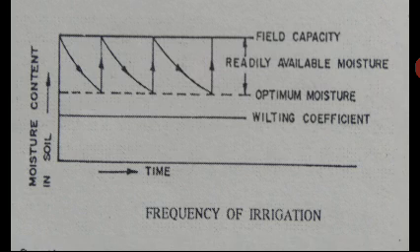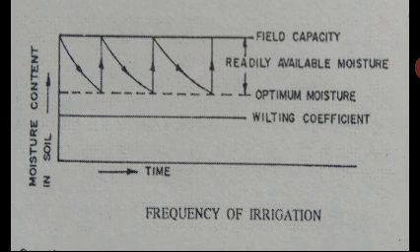When the water content in the soil reaches the optimum value, fresh doses of irrigation may be done so that water content is again raised to the field capacity of the soil. The frequency of irrigation is controlled by the amount of available water contained in the root zone of the soil and the consumptive use rate.